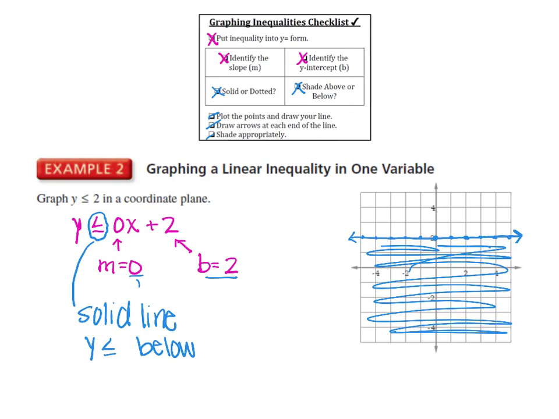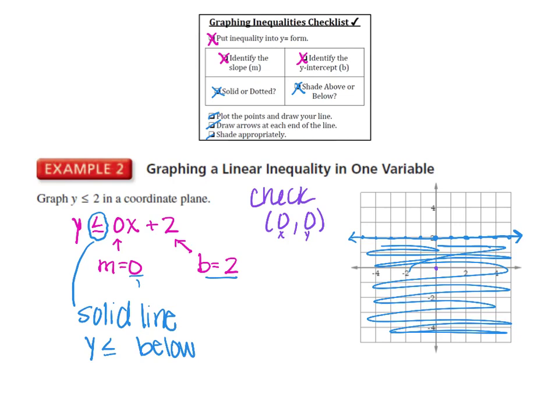Okay. How can we check to make sure that we did that right? Well, we can't be totally sure, but one way to check is to say, I'm going to pick a point that's not on my line, right? That's in my shaded area, like 0, 0. And I'm going to check if 0, 0 is a solution to my equation, right? So if I check 0, 0, that would mean x is 0 and y is 0.